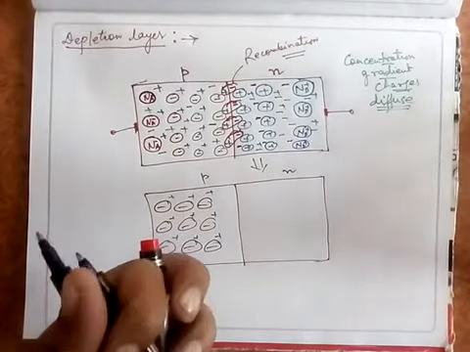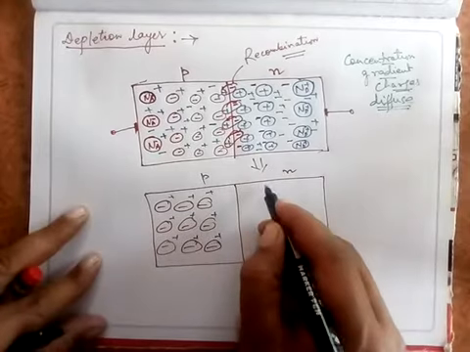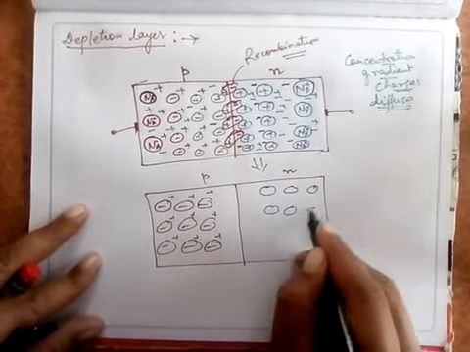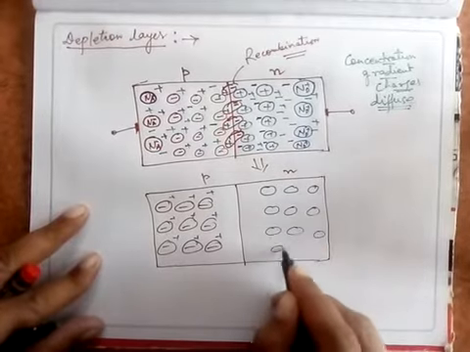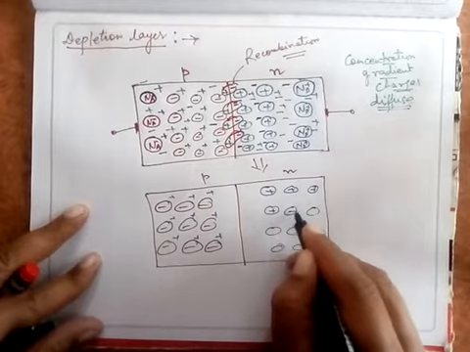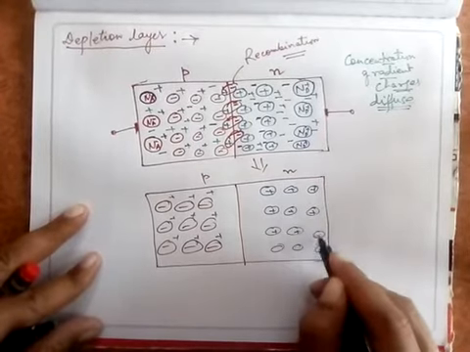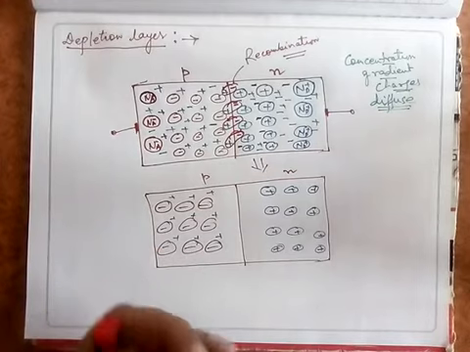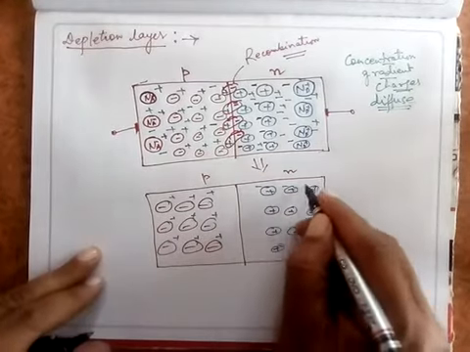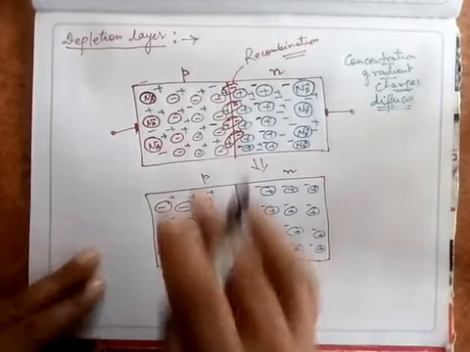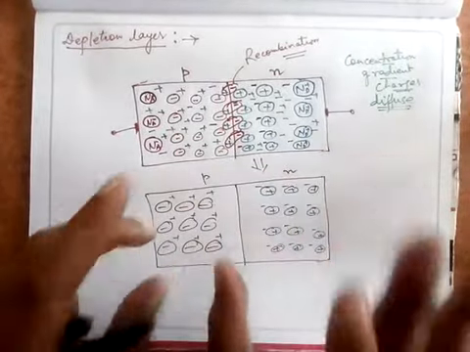Similarly, on this side you have positive donor ions, and every donor ion releases an electron, so the electrons are associated with this. It is the same figure as here, along with the intrinsic concentration.